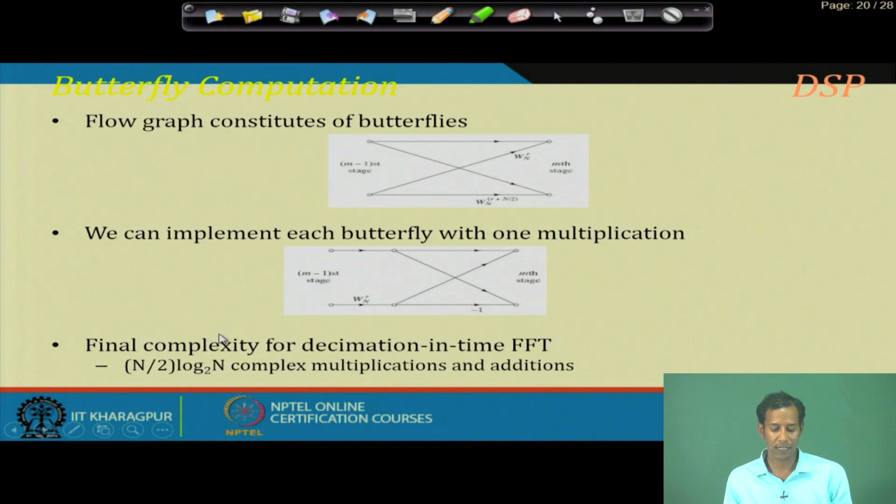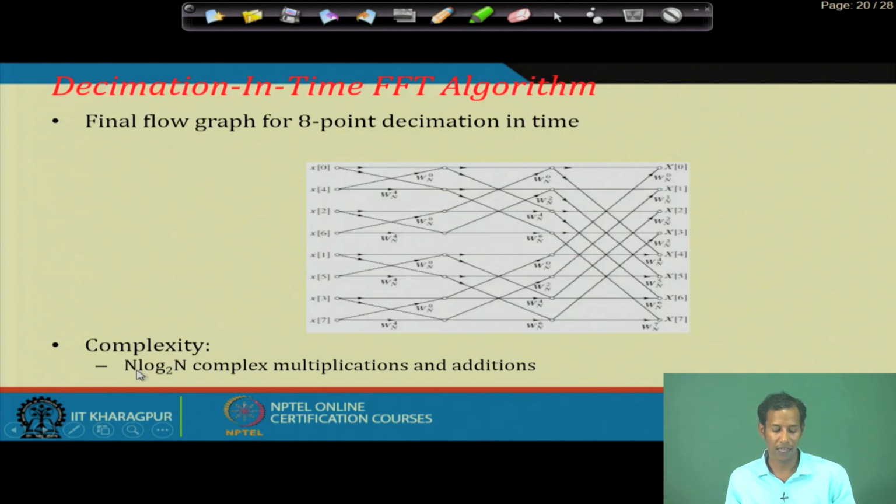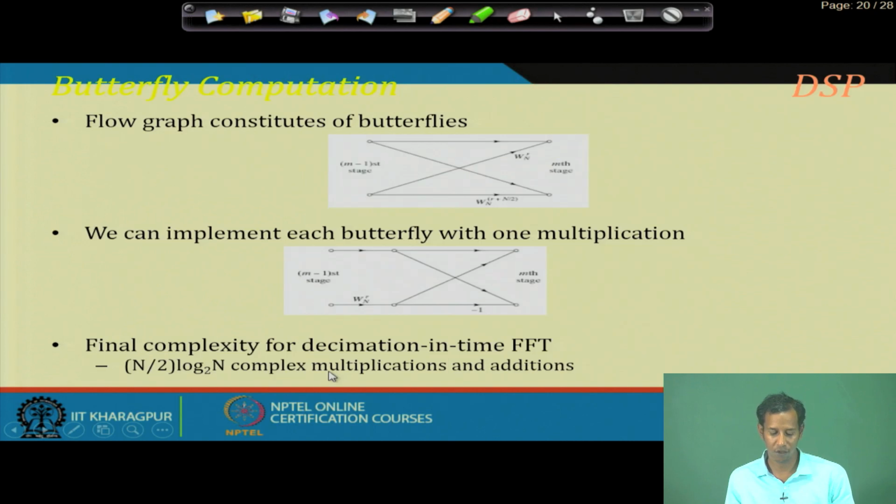So, the final complexity for decimation in time FFT, if we consider this kind of butterfly computation, will be n by 2 into log 2 base n complex multiplication and addition operations. In the earlier case we had 8 into 3 for an 8-point FFT, so 24 complex multiplication and addition operations.